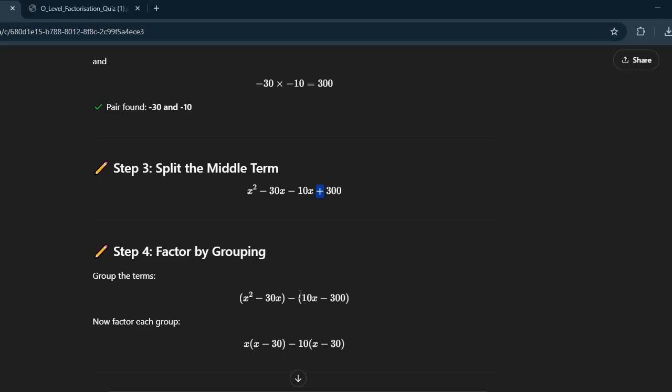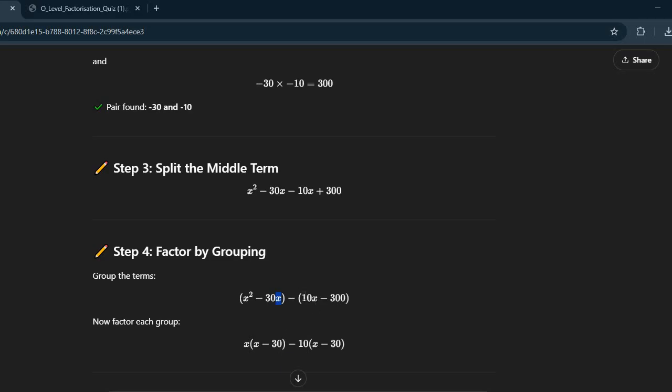You can also write 1 here if you like, but it is not necessary. Now see which factor is common. Here x square and here x, only x is common, because there is x square and there is only 1x, so you take x outside. Now x square reduces to x, this x is removed, and you have 30 here.